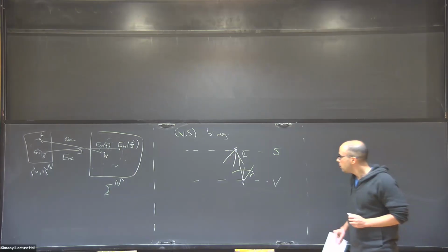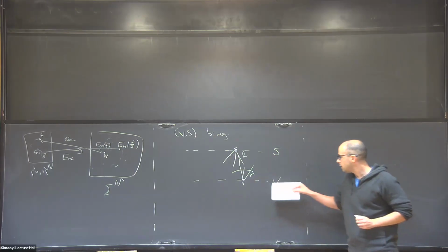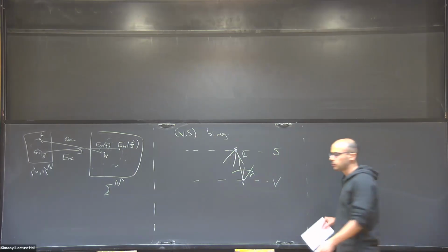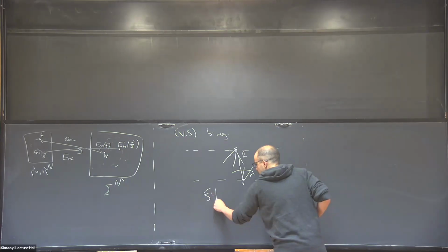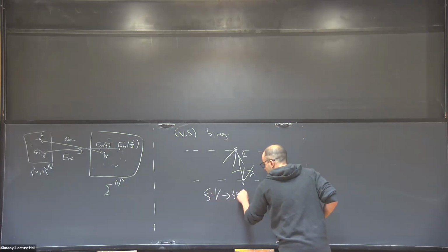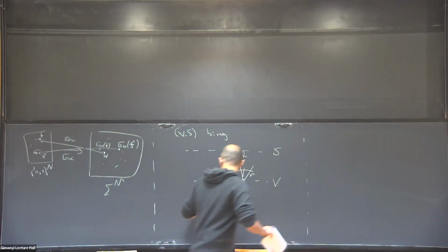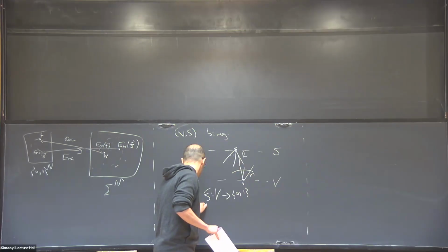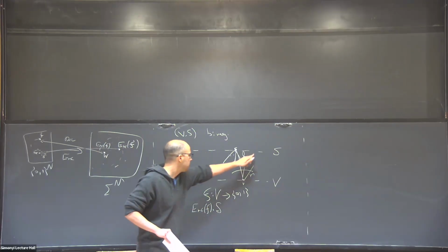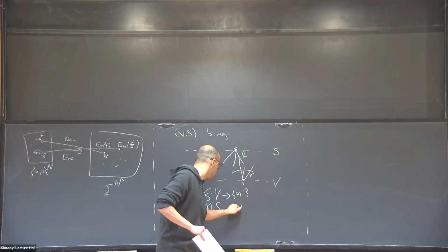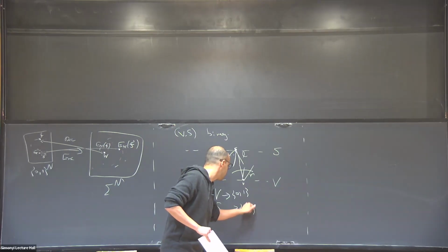In these codes, we encode strings that are indexed by the points of V, so I should also think about them as functions from V to {0,1}. And my encoding encodes to functions indexed by S, and they have L bits of output.